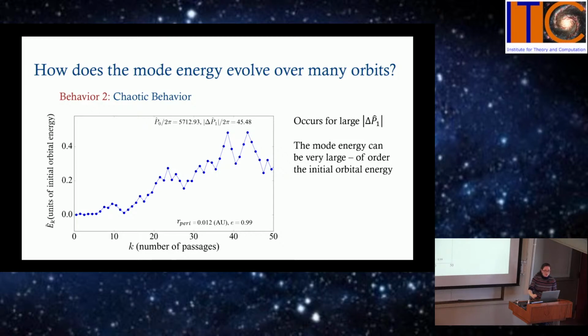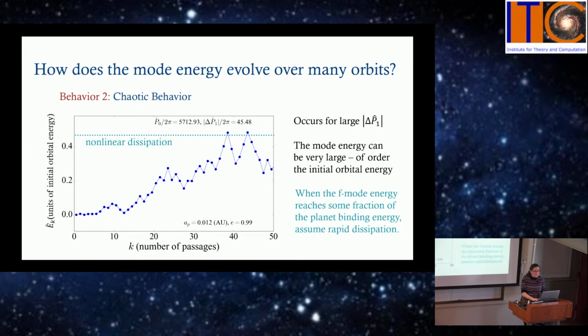Here, just to give some perspective, the units on the left are units of the initial orbital energy, but this is comparable to the binding energy of the planet. So you might think, well, at this point that doesn't seem like linear behavior anymore, and this is a linear treatment.